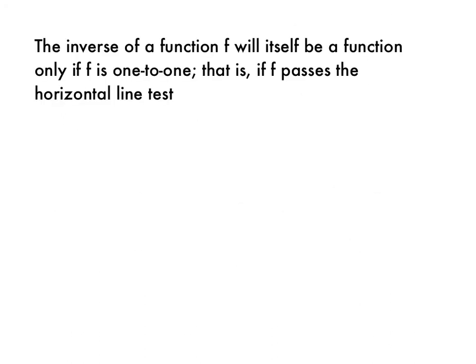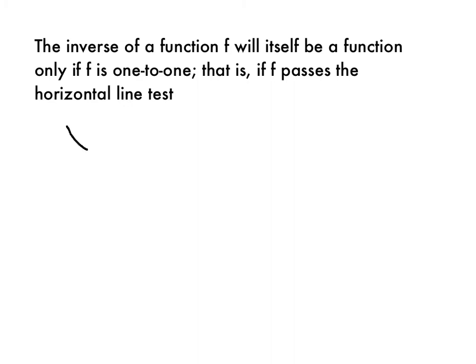So if we continue, we see that the inverse of a function will itself be a function only if the original function is 1-to-1, and that can be seen visually if f passes the horizontal line test. Similarly, we can look at the conditions under which we can write the inverse of a parametric equation.